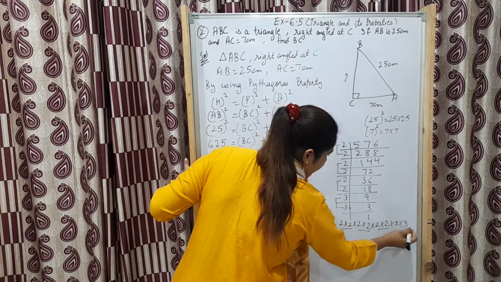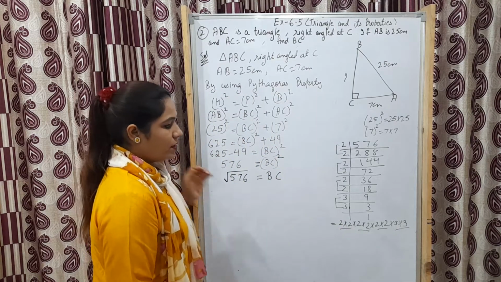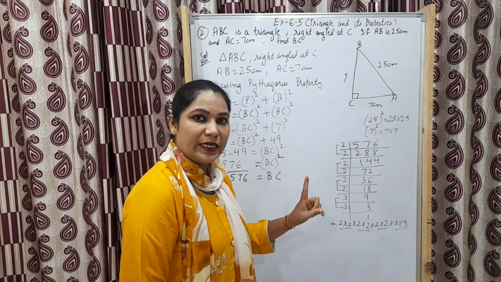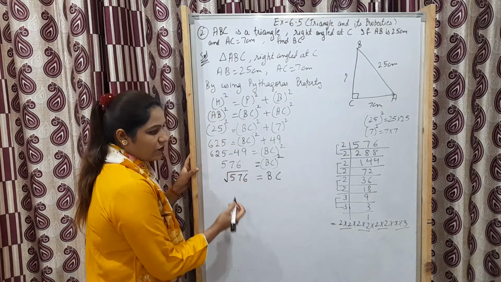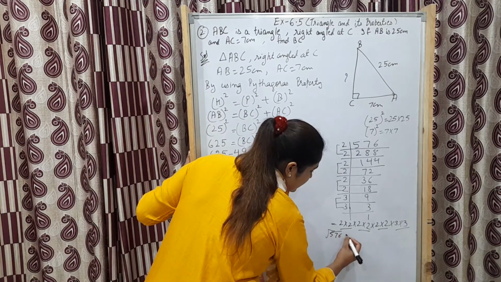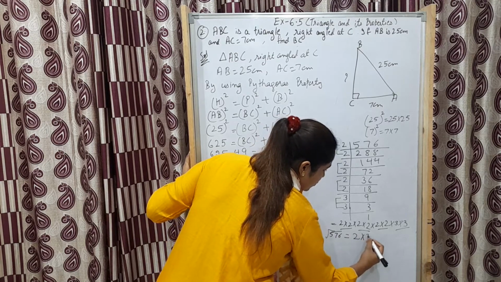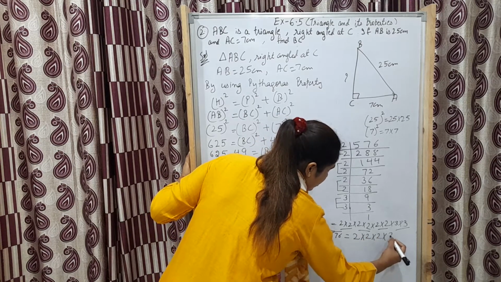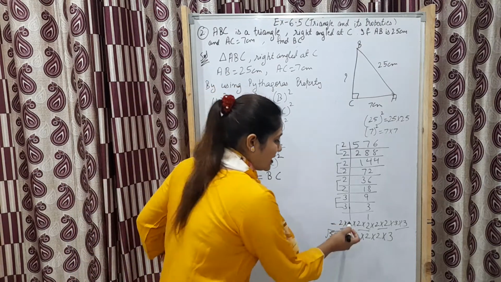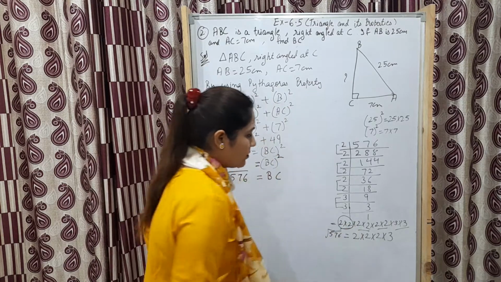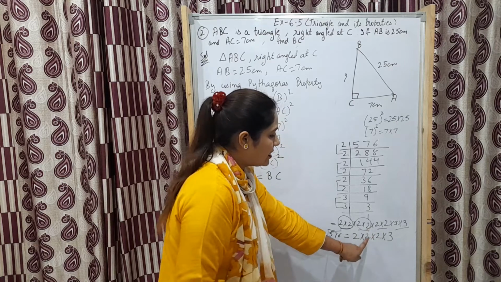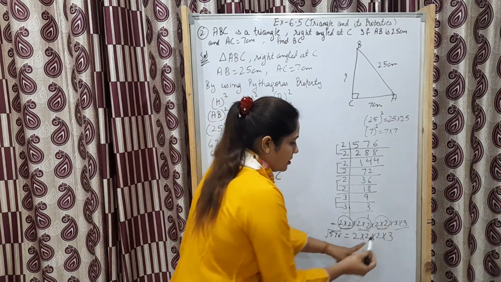Whenever you find a square root, the number which comes 2 times, you write that number 1 time, because here you have to find the square root. So square root of 576 is 2 into 2 into 2 into 3. You will not write this 2 times. You will take it as a pair. This one is a pair, you will write it a single time. Again a pair, you write a single time, pair, single time.